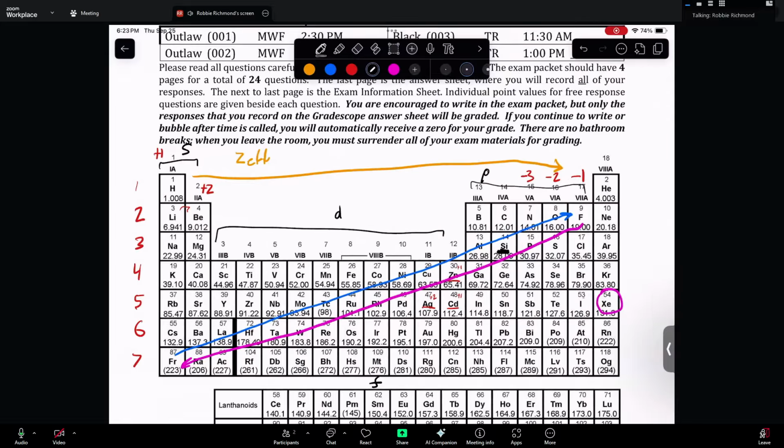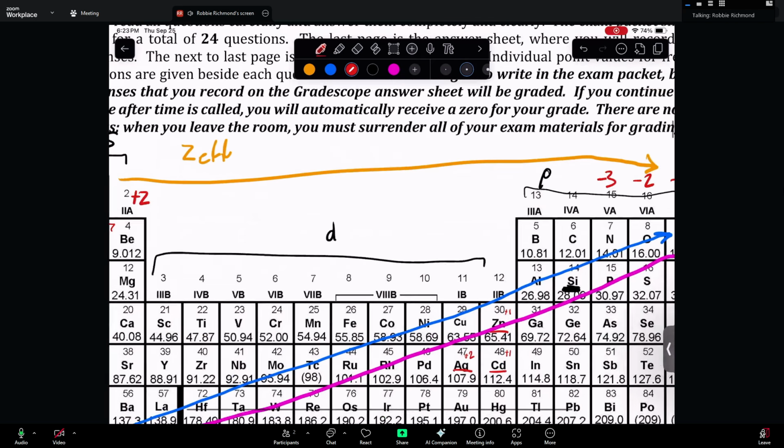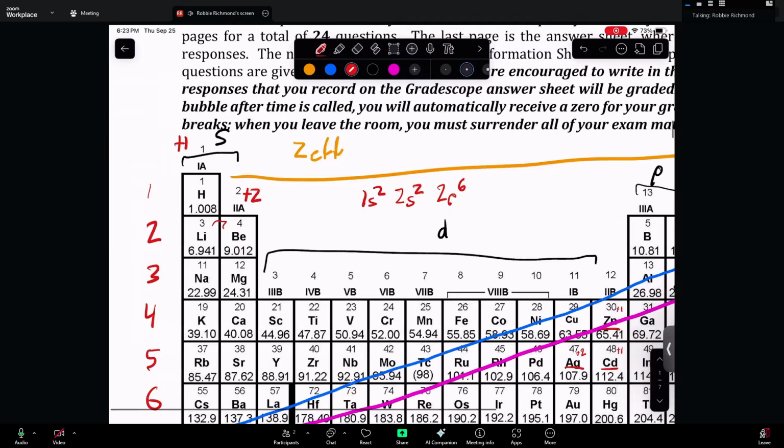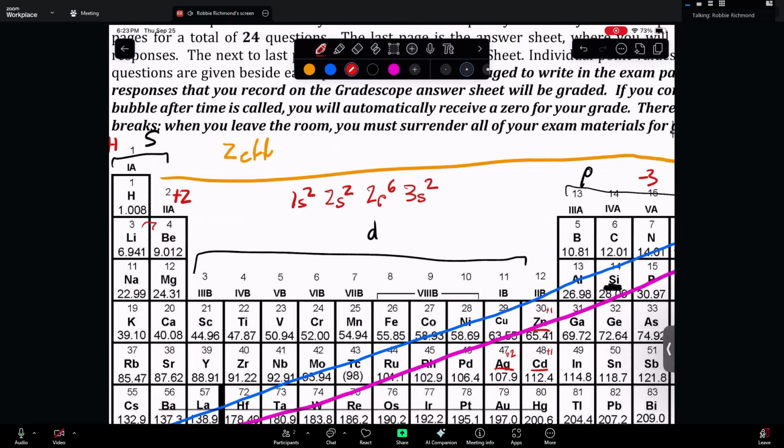When we're reading the periodic table, read it like a paragraph. We start with our first row and we read from left to right. So we read from 1s2, that's completely full, to 2s2, that's completely full, to 2p6, that's completely full, to 3s2, that's completely full.